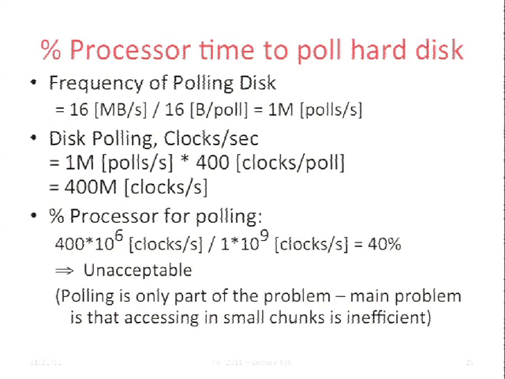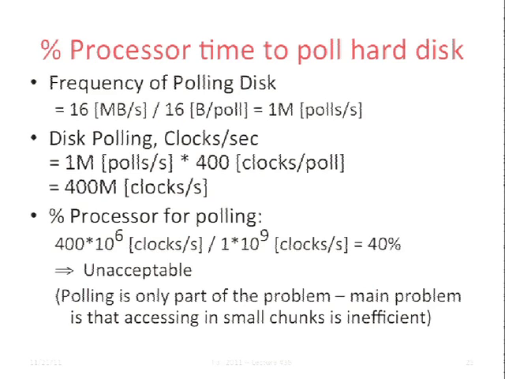For something like a mouse that only happens a few times a second, polling is the way to do it. For something like a hard drive, which sends you a bunch of bytes in a big stream, polling is not a good way to do it. We'll talk about another way next time, because we're going to want to do something different for disks and for mice.